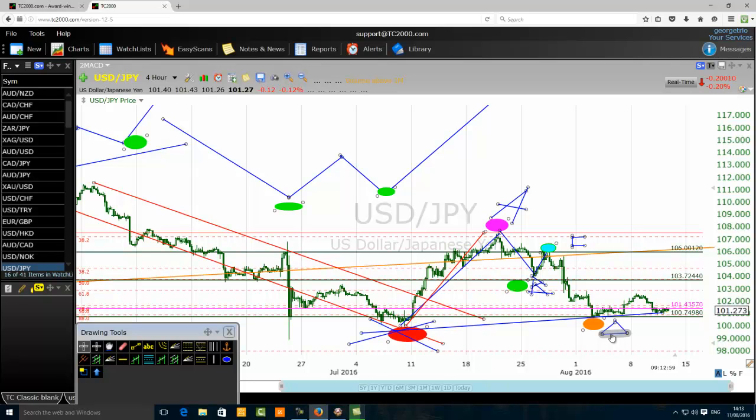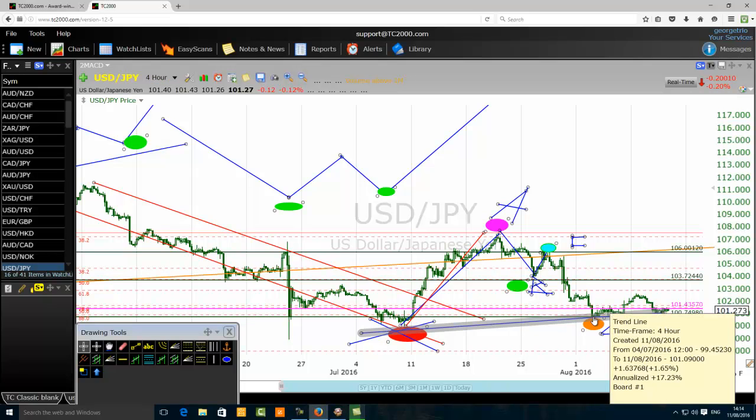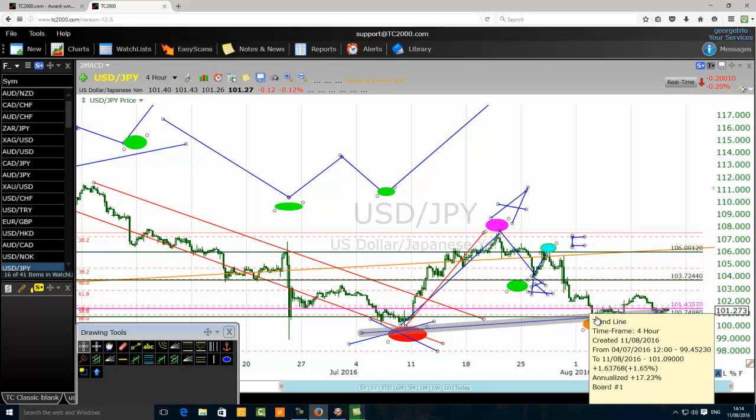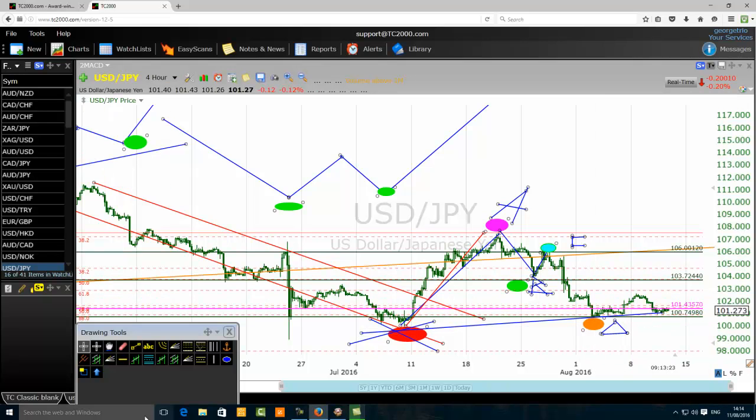This is about the validation of the bat pattern. Once we finish validating our bat pattern, we will use a multiple time frame trading method or a top-down trading method to trade it. Because we are on the 4-hour time frame, the 4-hour time frame is our trading setup. We will go to the 15-minute time frame for the signal at that point in time, right here.